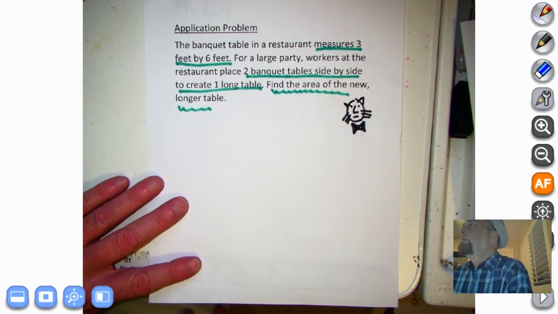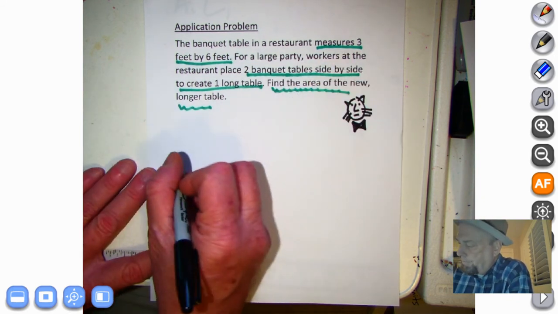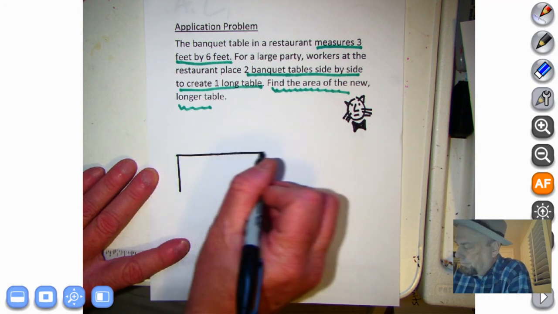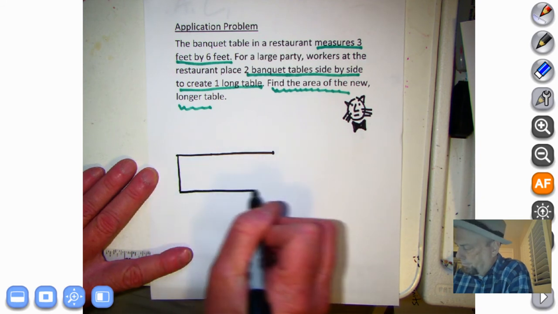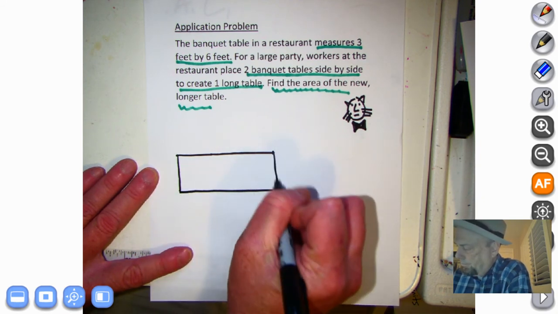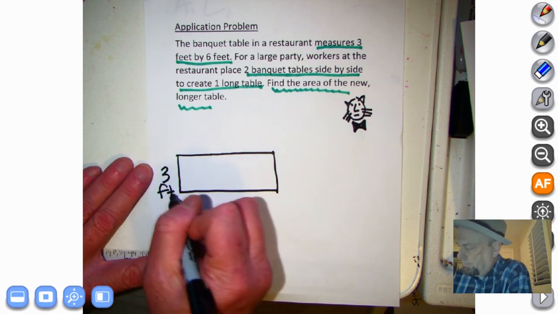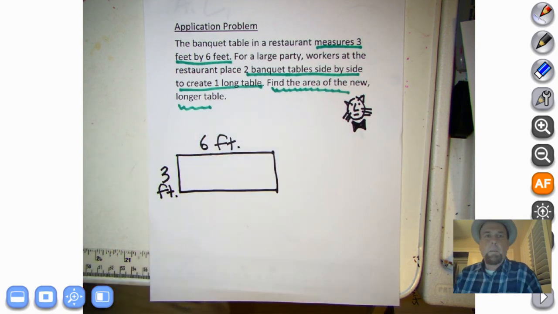All right, so we have 2 tables. Let's make the table measure 3 feet by 6 feet. So there's table 1.